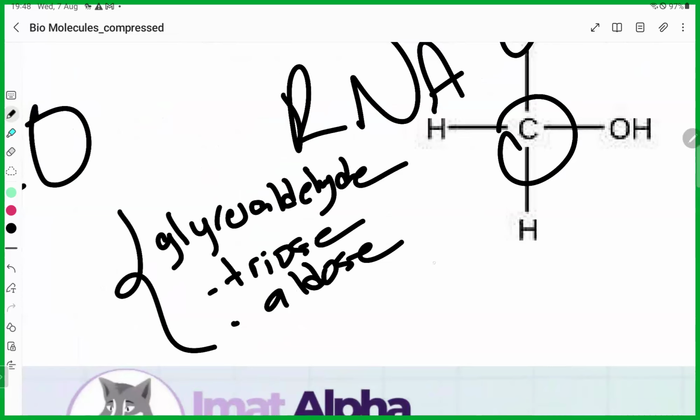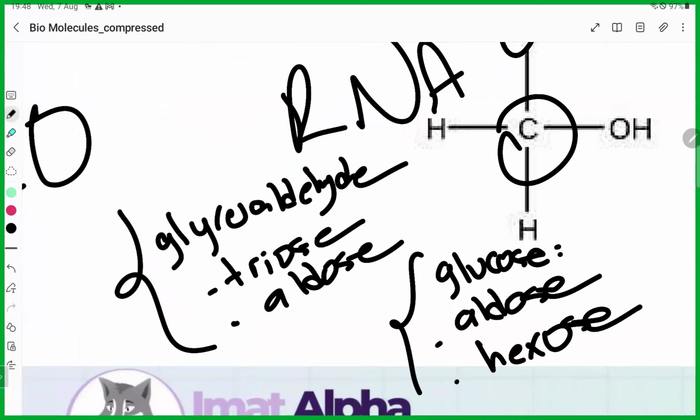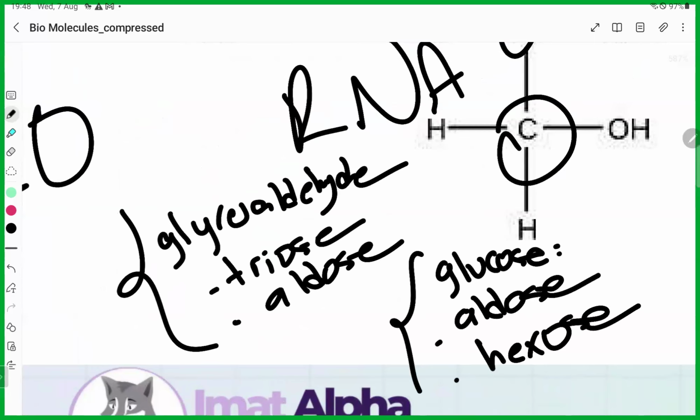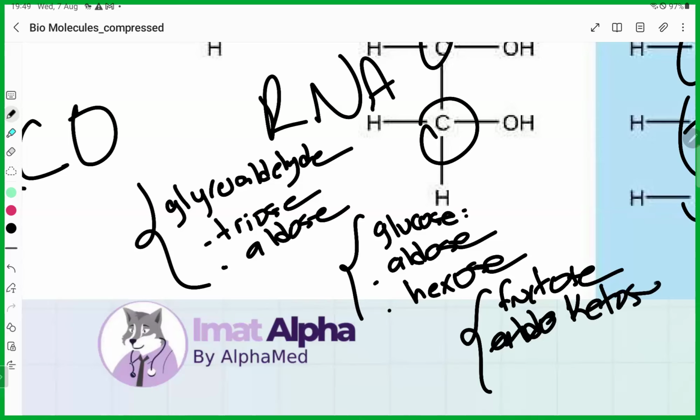Glucose is an aldose, it's a hexose because it has 6 carbons. And fructose, it's an aldose. No, it's a ketose, and it's a hexose.